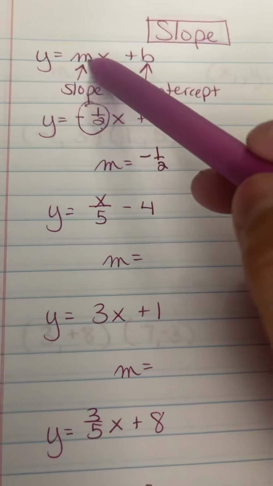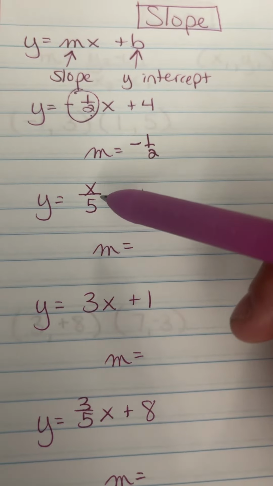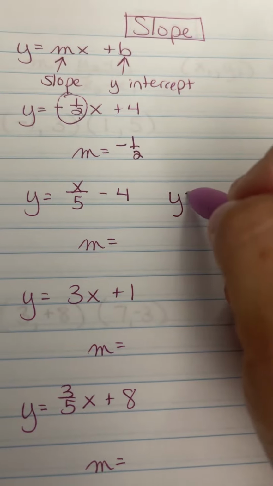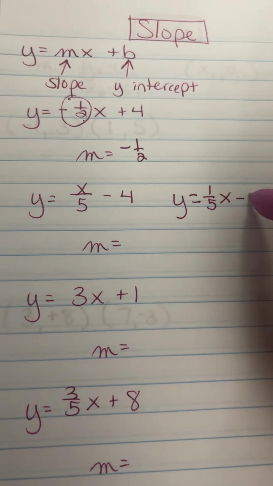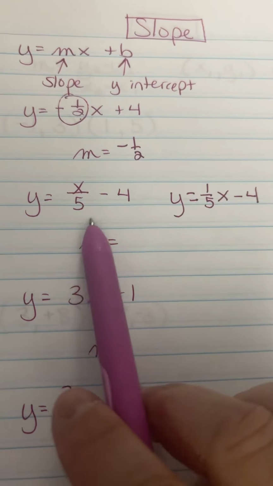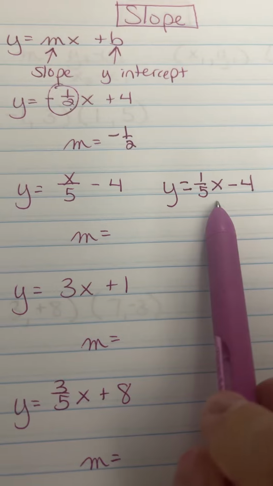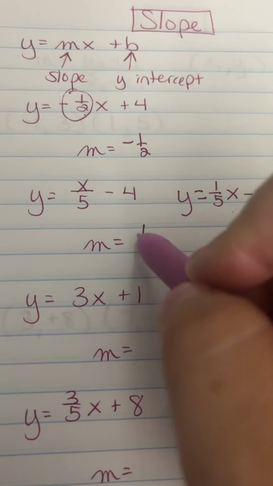It's m times x. Well, what's being multiplied by x? You want to think about this problem so that it matches more of what we're used to looking for. These mean the same thing. x divided by 5 and 1/5 x mean the same thing. So when you look at this problem, the slope is 1/5.